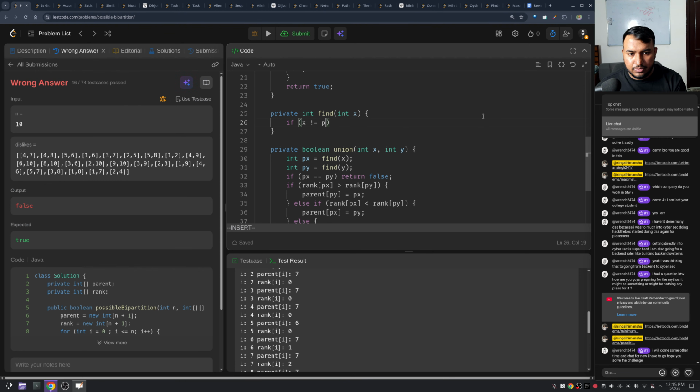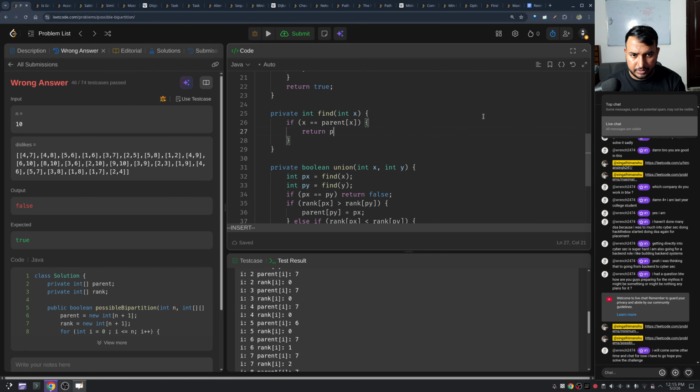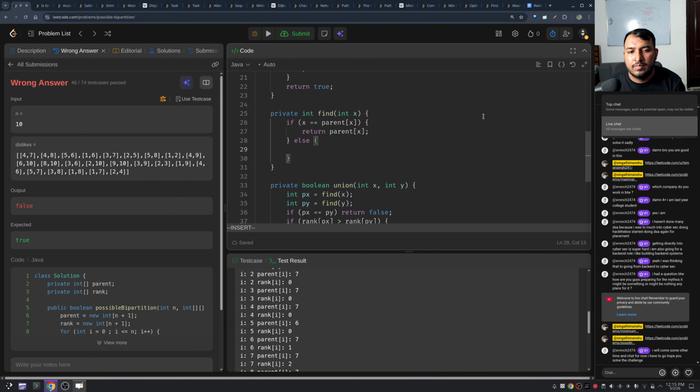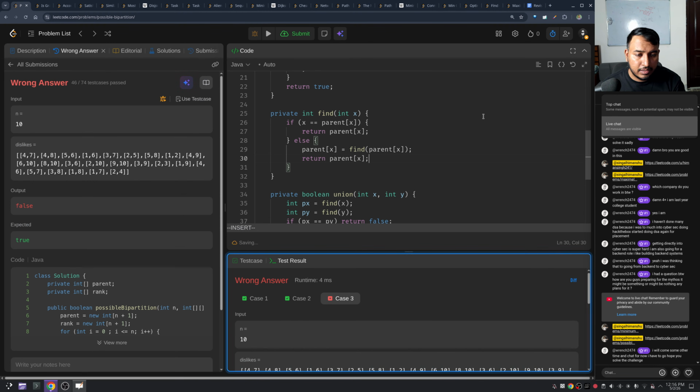If x is equal to parent of x, then we simply return parent of x. Otherwise, we say parent of x is equal to find of parent of x and then return parent of x, right? I think my find is also fine.